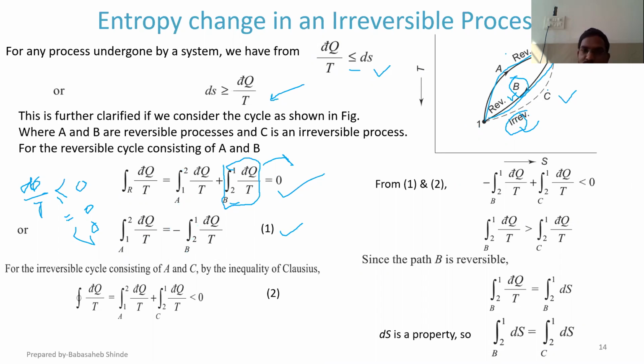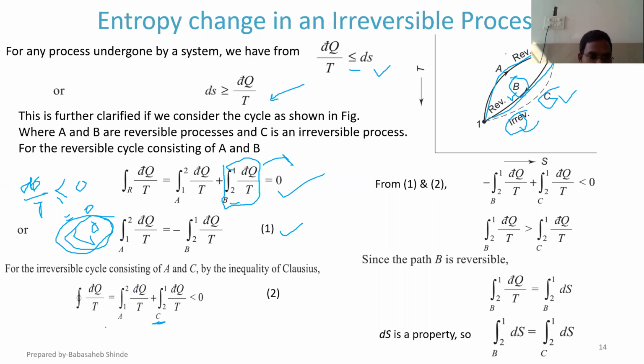Now for the second one, when path C is there, the process will have dq by t less than 0, right? That we know. So the paths are A from 1 to 2, dq by t, plus 2 to 1 along path C, dq by t, less than 0.